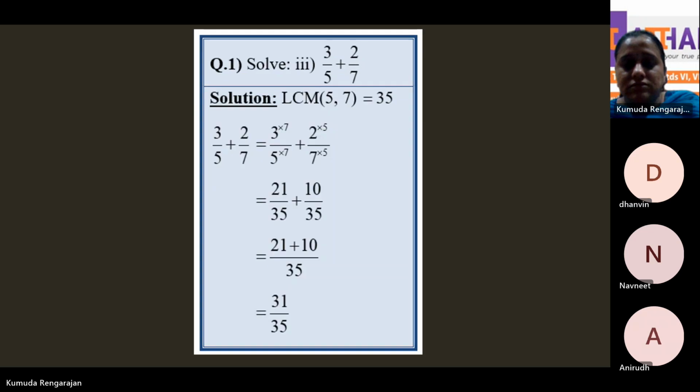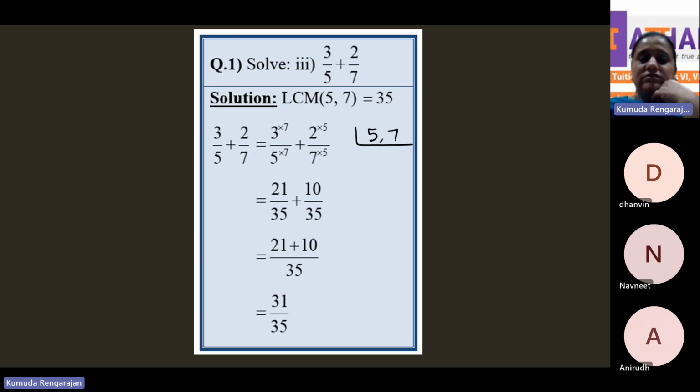Next. This is the next one. So how do we find the LCM of 5 and 7, children? 5, 7. How do you find the LCM? Do you know this method? 5, 1, 7 as it is. 7, 1, 1. LCM is equal to 5 into 7, 35.